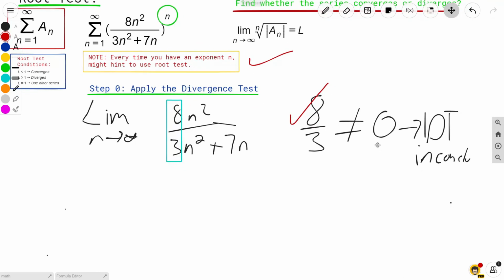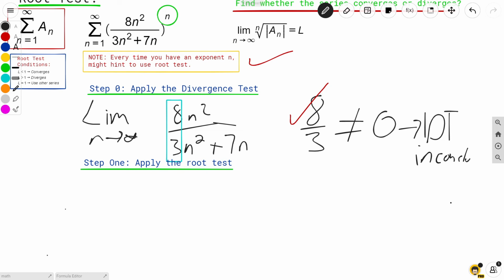So now for step 1, we're going to go ahead and apply the root test. So in doing so, what do we have to do?